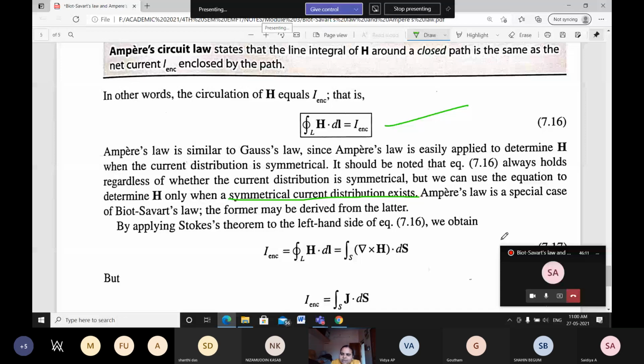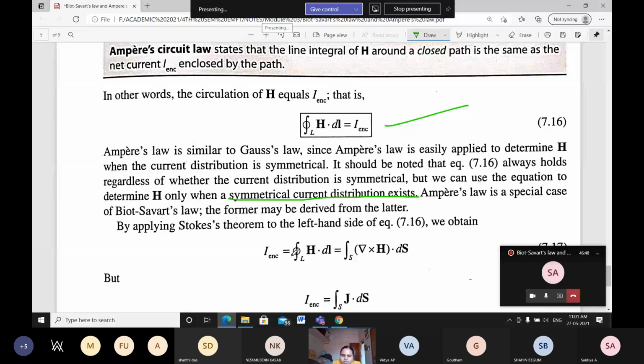That's it. Then Ampere's law is a special case of Biot-Savart's law, which we will derive in a later part. Then by applying the Stokes theorem to the left hand side of the equation, the line integral is taken to the surface integral. Stokes theorem tells that thing only, volume to surface, line to surface.